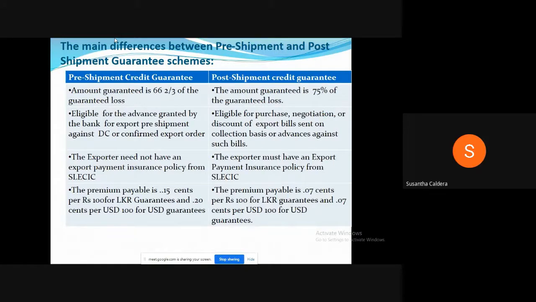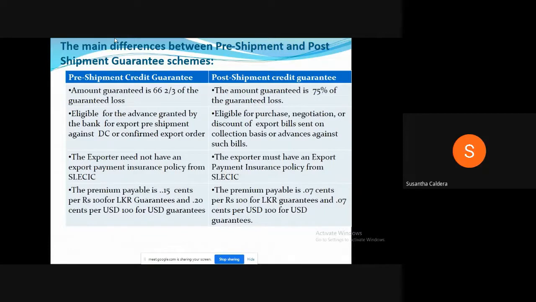Normally the banks give against DC or confirmed export order, but the banks will surely insist on DC. A confirmed export order is just a piece of paper, right? The exporter need not have an export payment insurance policy from SLESIC.